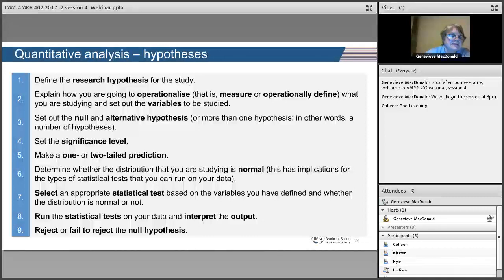You set the significance level, say whether it's a one or two-tailed prediction, whether the distribution of the results is normal or whether it's skewed to one side, appropriate statistical tests, and then in the end you look at the output from those tests and you reject or fail to reject the null hypothesis.